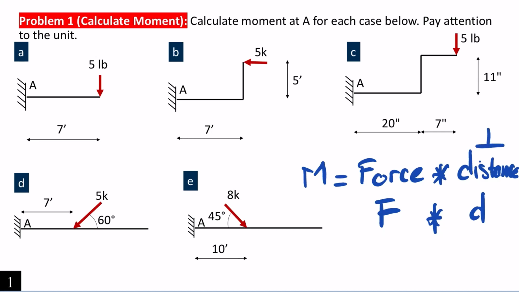Okay, perpendicular distance. Let's take a look at each problem so you can get a better idea how to calculate moment.